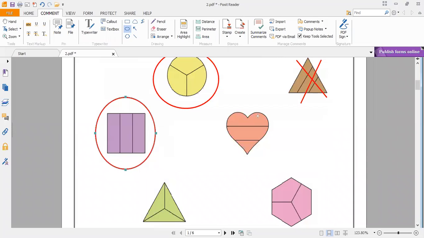Is this thirds? No. Why? Because the three parts are not the same. Good job.